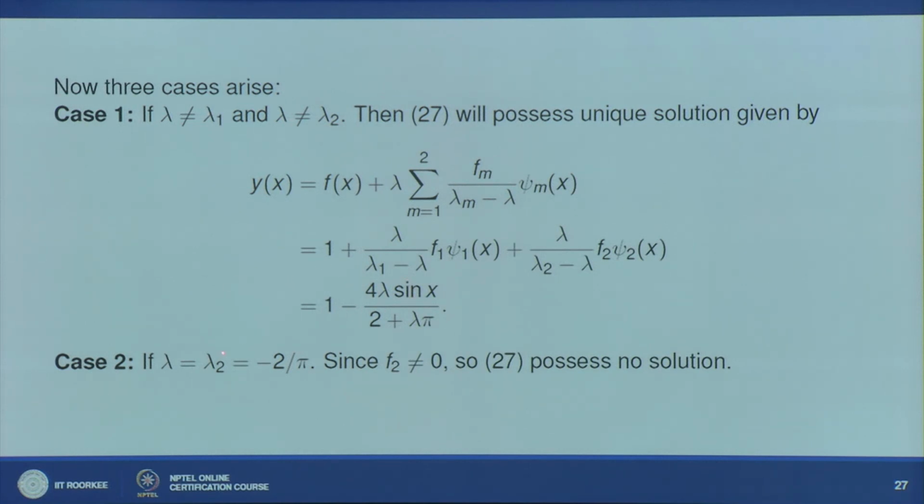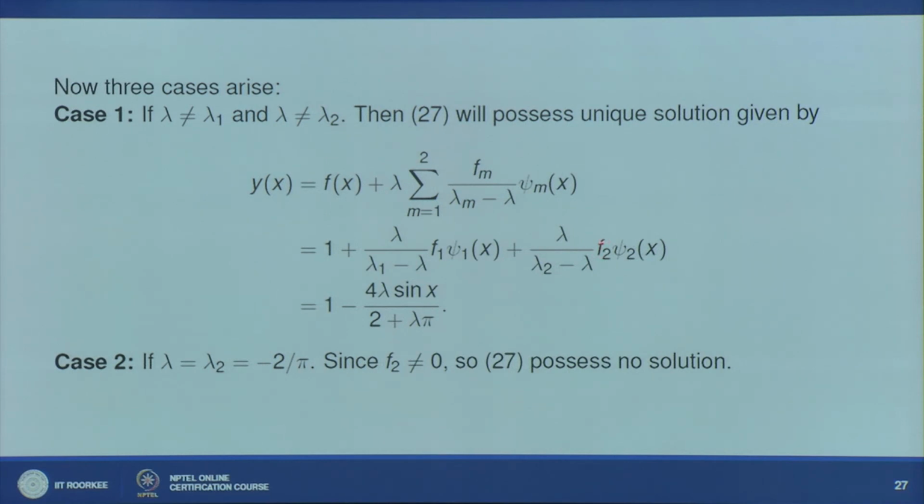Now in the second case, when lambda is equal to lambda 2, this creates a problem. Here lambda is lambda 2, which means the denominator is 0, and in the numerator lambda is some fixed quantity. Psi 2 is non-zero, so the only thing that depends now is f2.